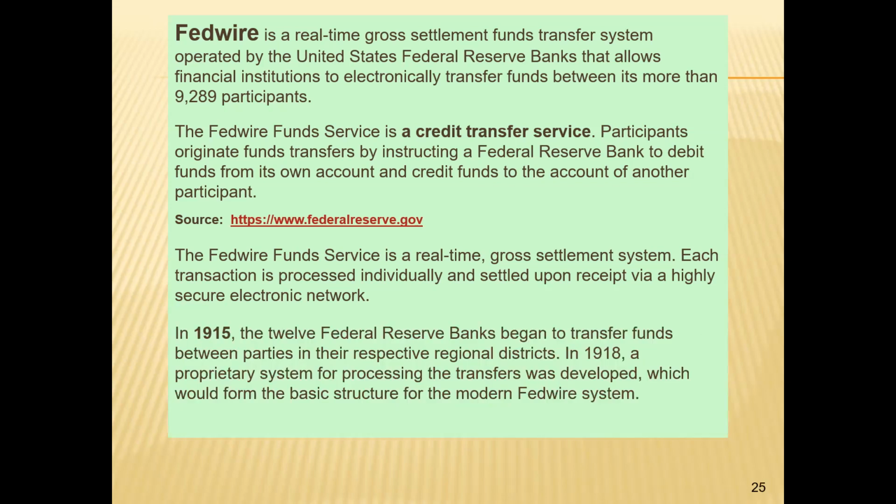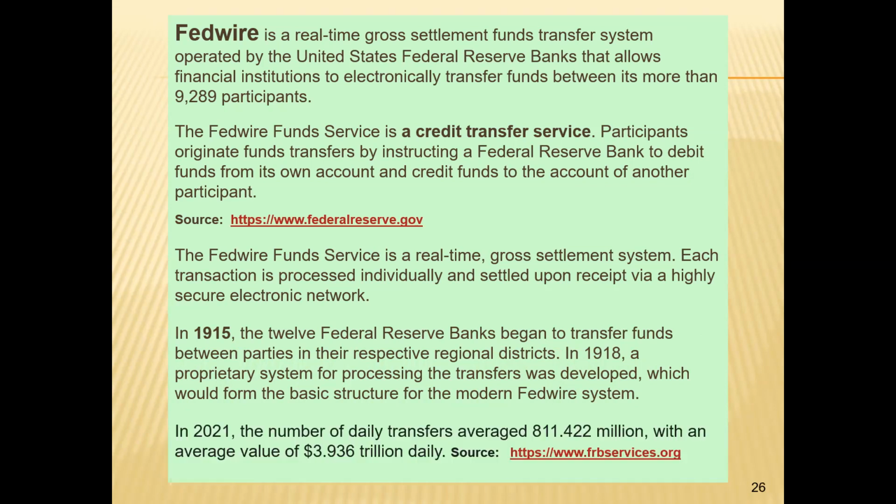In 1915, the 12 Federal Reserve banks began to transfer funds between parties in their respective regional districts. In 1918, a proprietary system for processing the transfers was developed, which would form the basic structure for the modern Fedwire system.